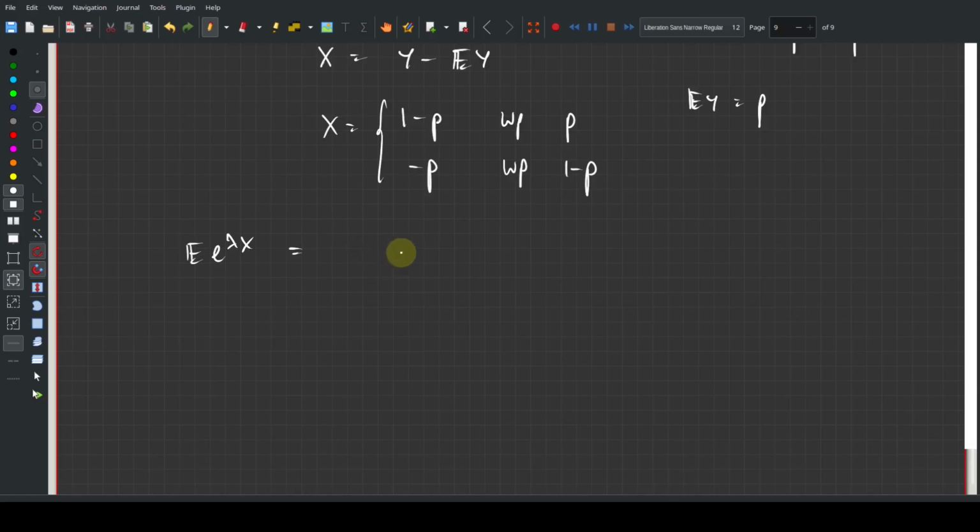The first value is e to the lambda times 1 minus p, times the probability that this occurs, which is p, plus e to the lambda times minus p, which happens with probability 1 minus p.